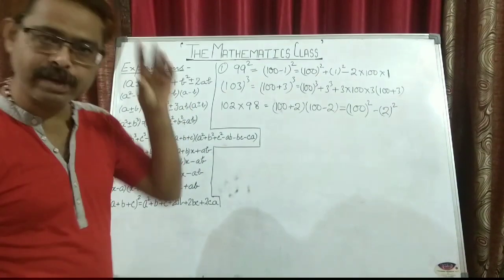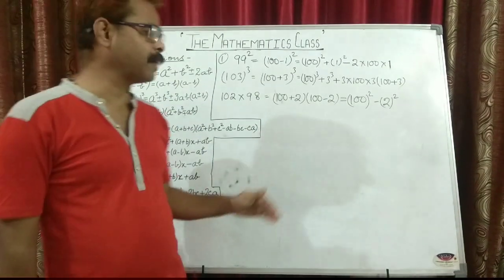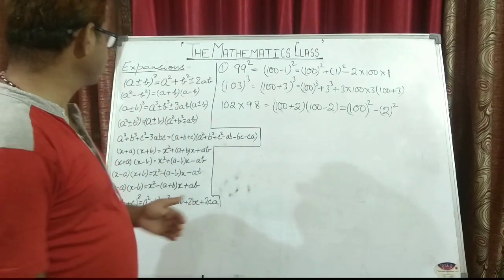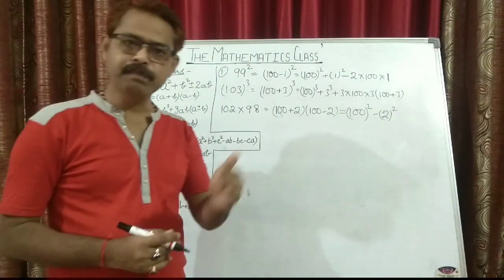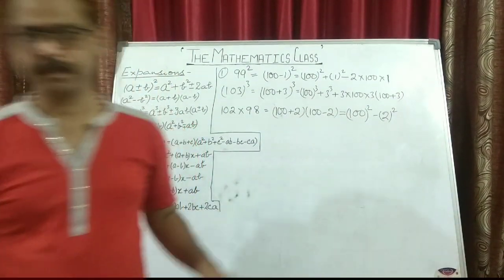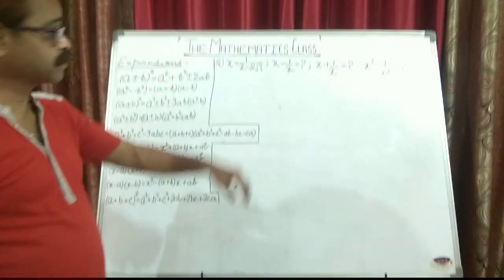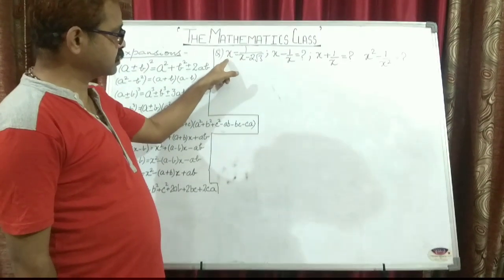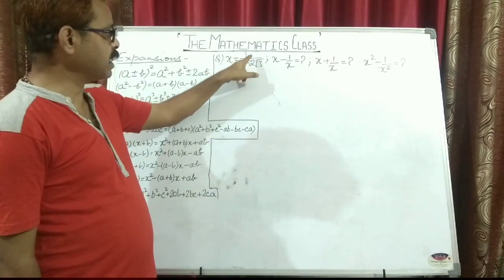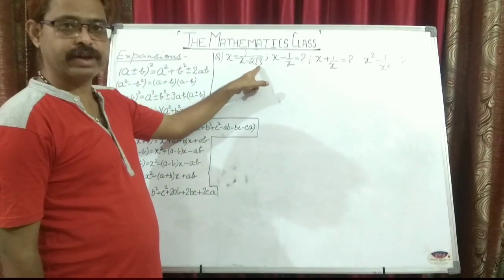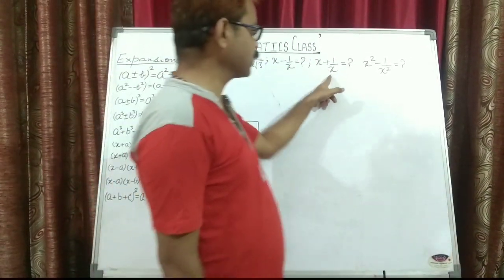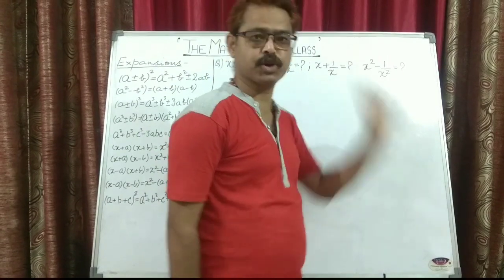So these are the very basic questions that will come, or that you need to know how to solve. Now we will be moving on to a little bit more tricky questions. The next question I am taking is a little bit complex. You have been given that x is equal to 1 upon (x minus 2 root 3), and you have to find the value of x minus 1 upon x, x plus 1 upon x, and x square minus 1 upon x square.